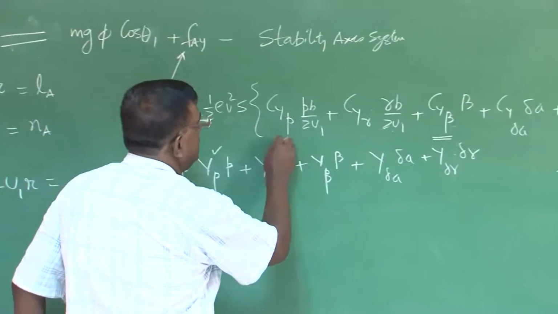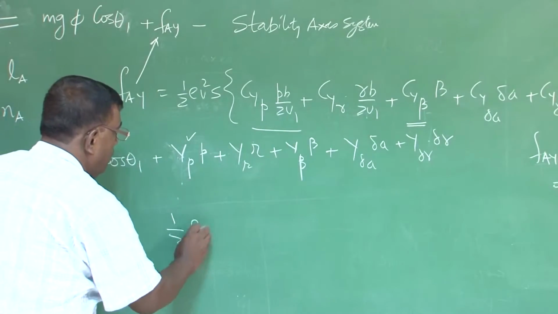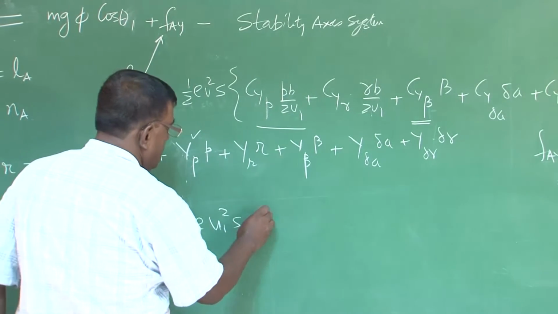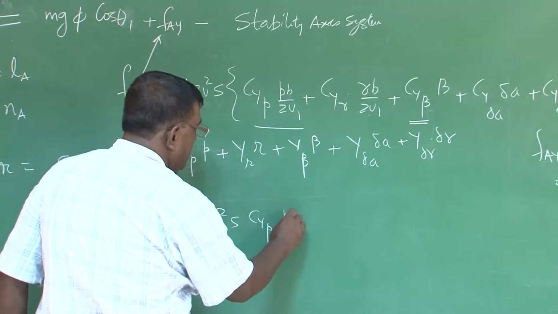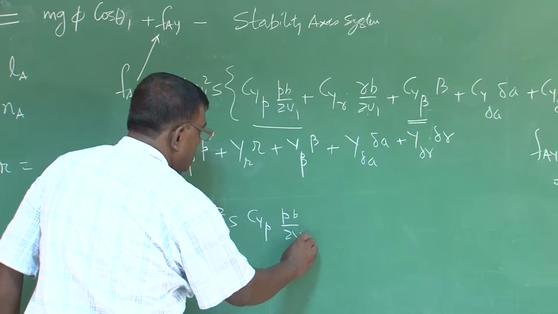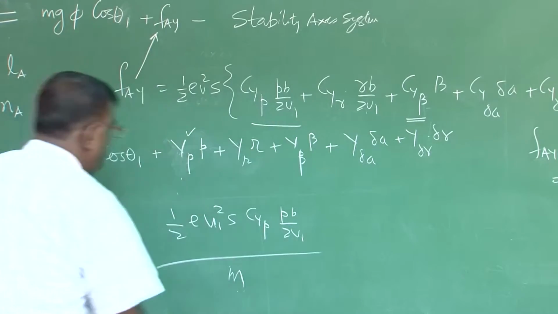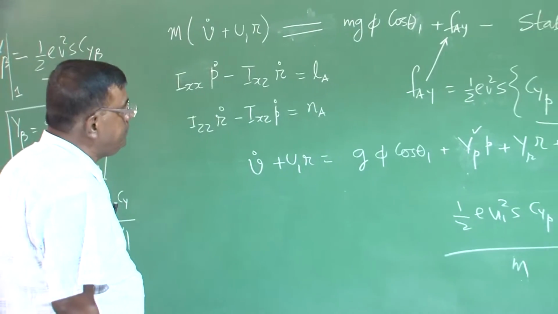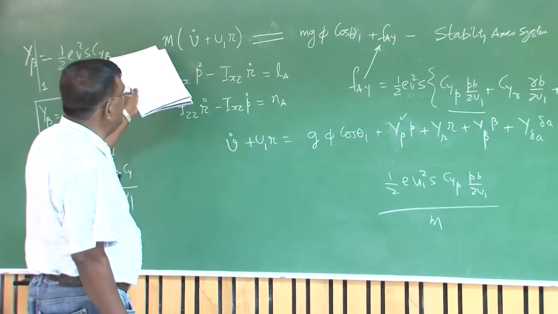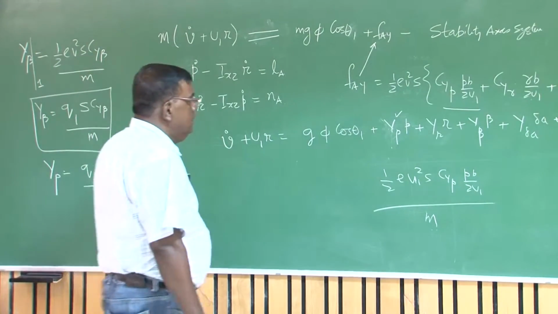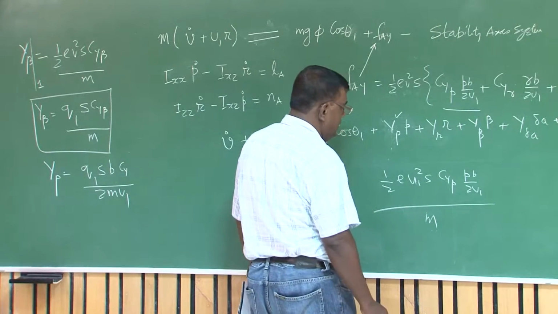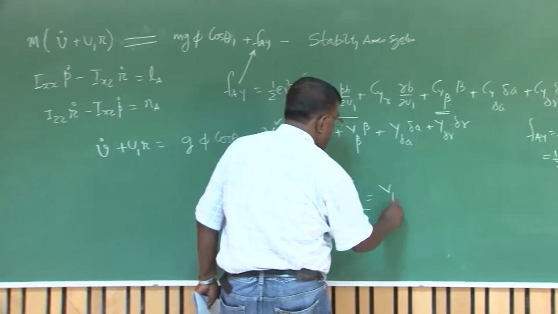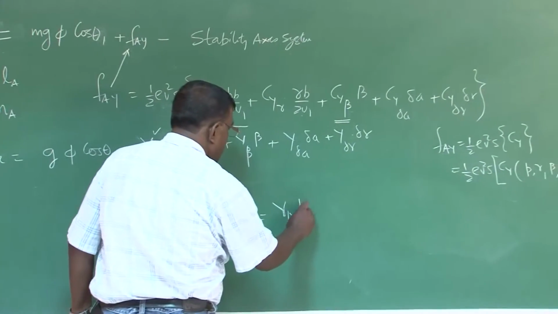If I take this term, this is half rho U1 square, because evaluating at steady state, into CYP into Pb by 2U1. This will be divided by M, because I am writing in terms of V dot, so M will divide both sides. So what will happen here is, I can write this as YP into P.